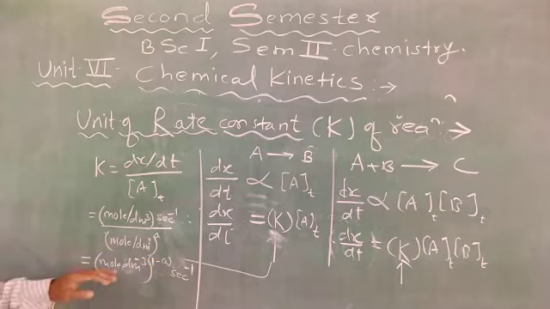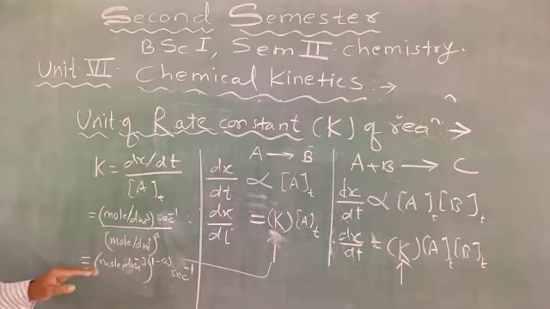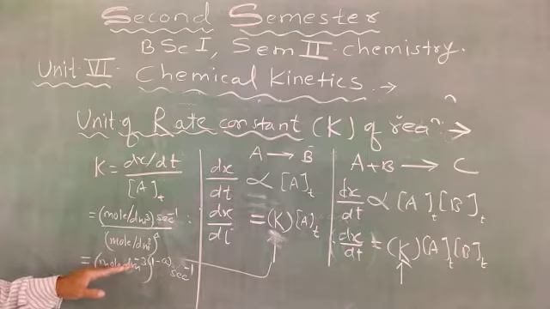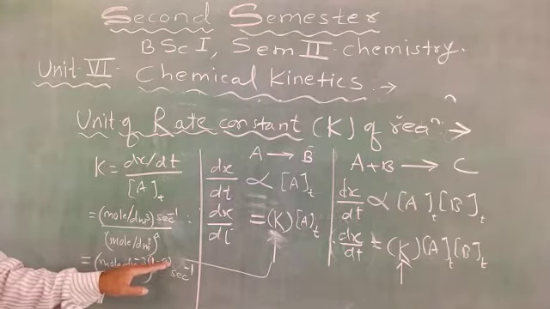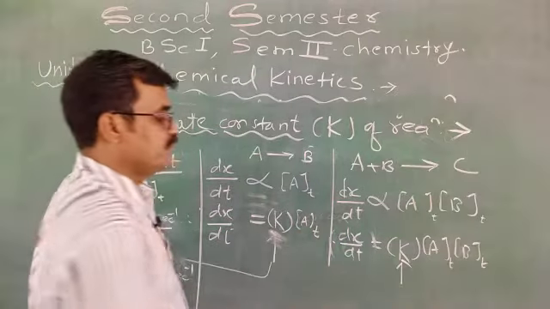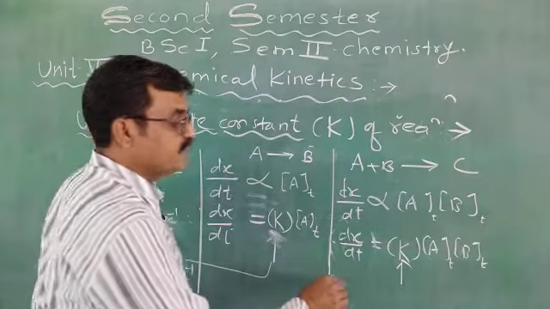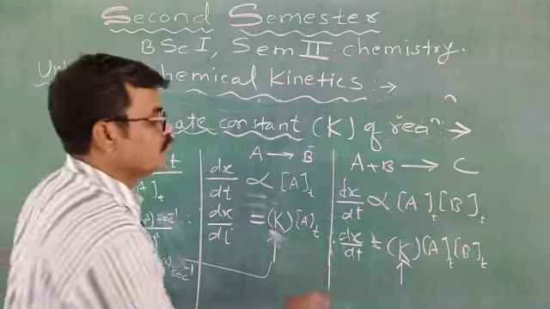This is the unit of the rate constant K: moles per dm cube raised to 1 minus a, into second inverse.